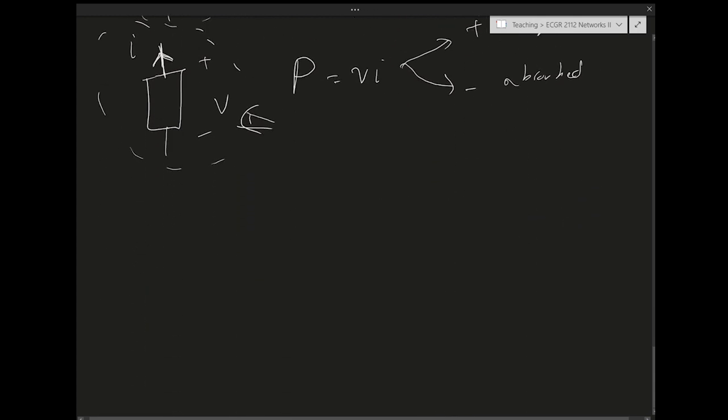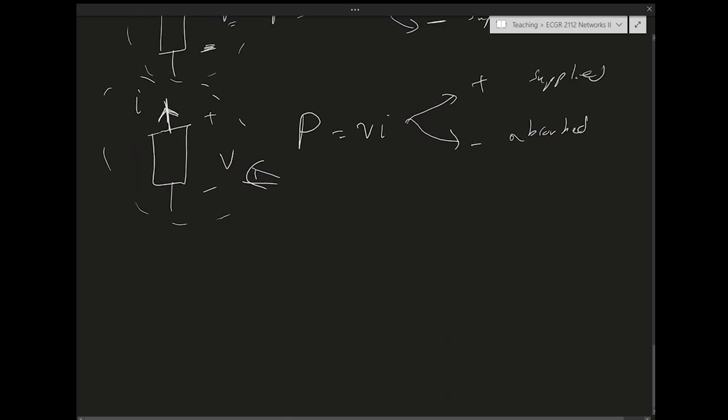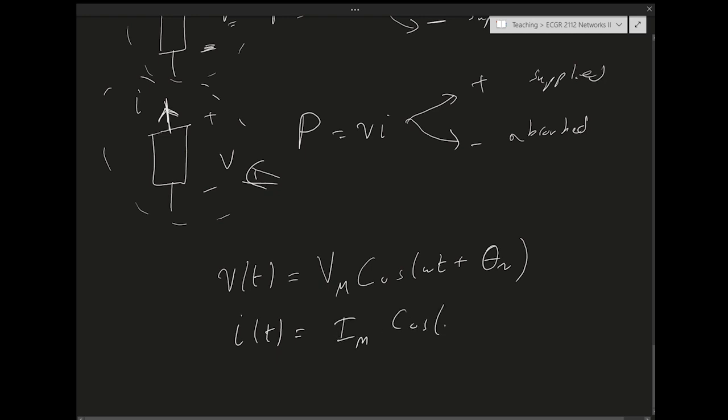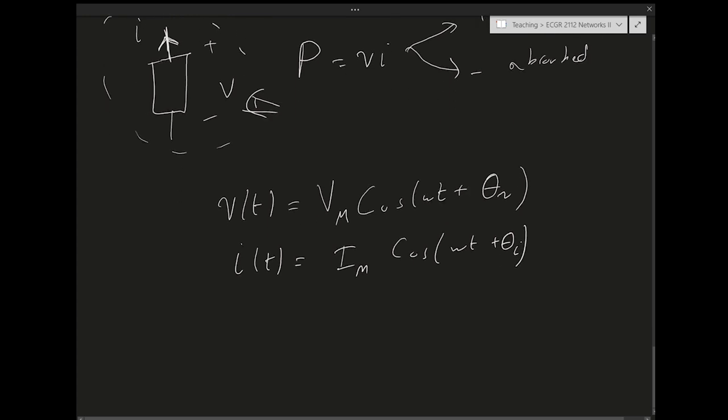Okay, so let's write down the equations. V of t, in general, any general V of t in AC analysis is going to have this form in the time domain. It's going to be Vm cosine omega t plus theta v, some phase angle, and then I of t equals Im cosine omega t plus theta I. Let's say the scenario is like that.